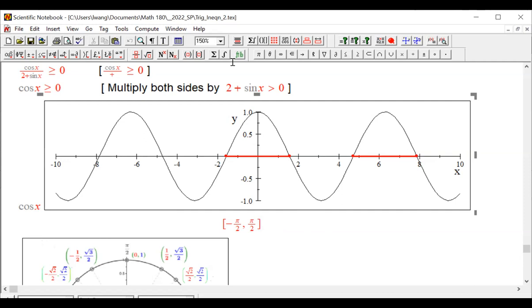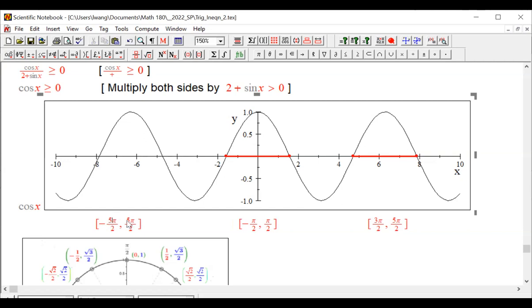This interval would be 3π/2 to 5π/2. And the other side, right here, these will be negative.